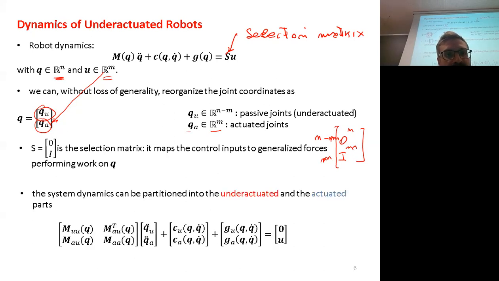And therefore, the system dynamics can be partitioned into its underactuated part and its actuated part, where this is the underactuated part in red. We see that we have passive joints, so no input torque for these joints, tau equal to 0, and you have the actuated part here.